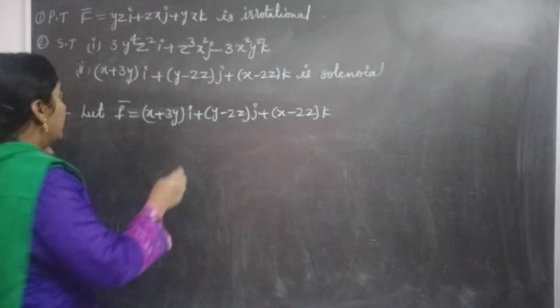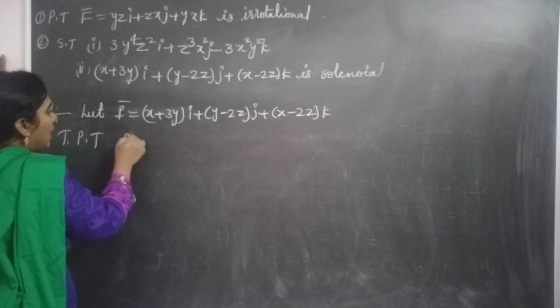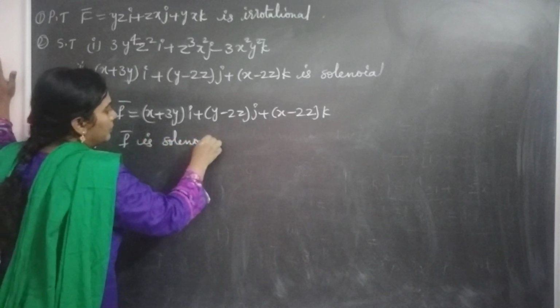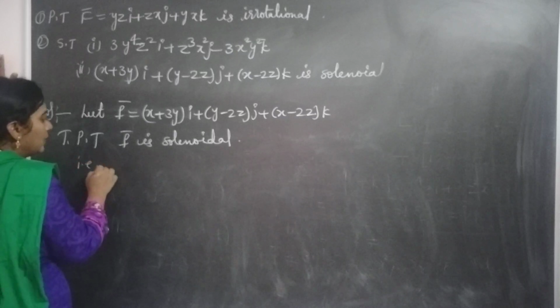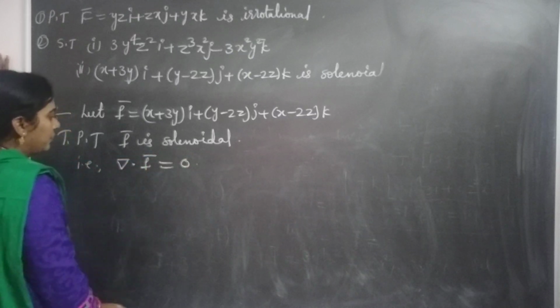Here, to prove that f̄ is solenoidal, that is nothing but ∇·f̄ = 0.